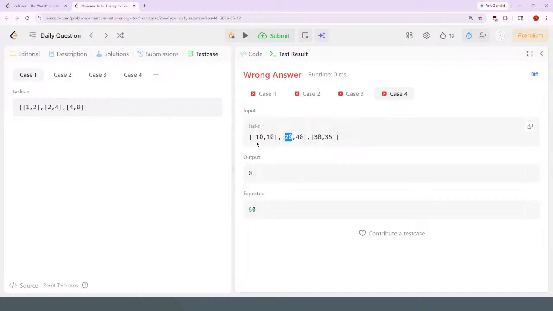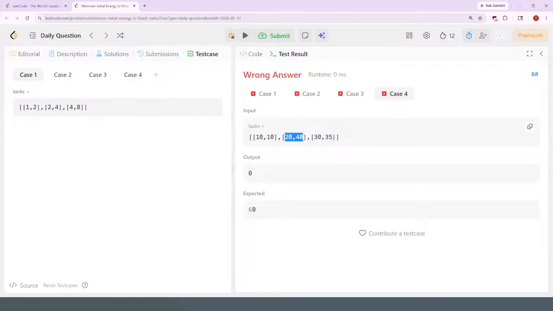So 30 plus 20 plus 10. No, sorry, it's 35 plus 20. How did this end up being 60? Is the better way to calculate it 30 plus 20 plus 10? If it's 60, then you do this one first. That brings it down to 40.